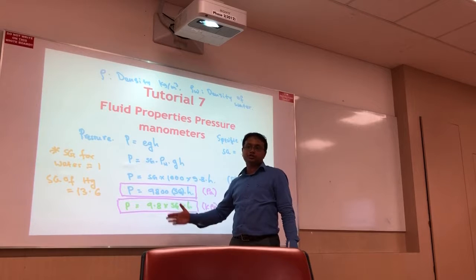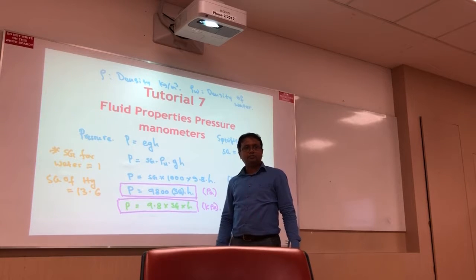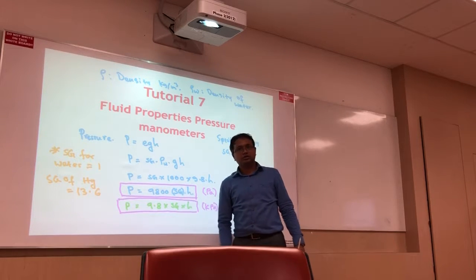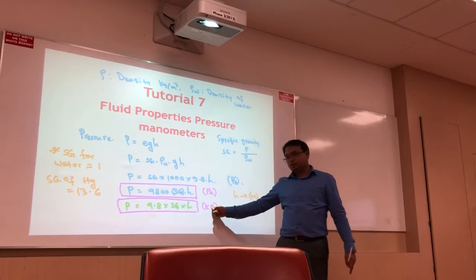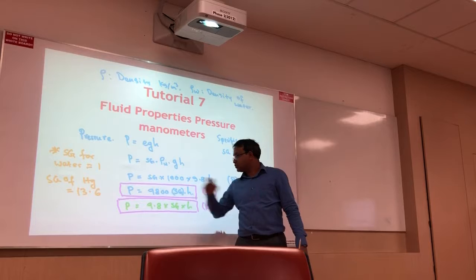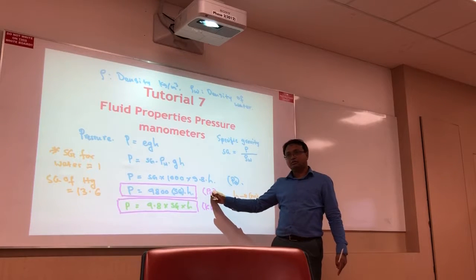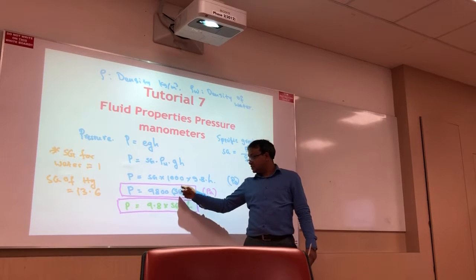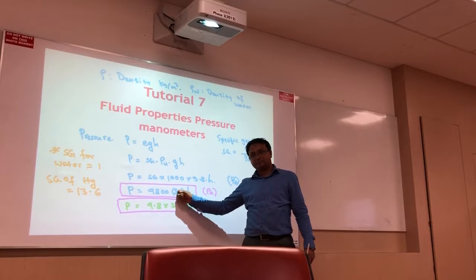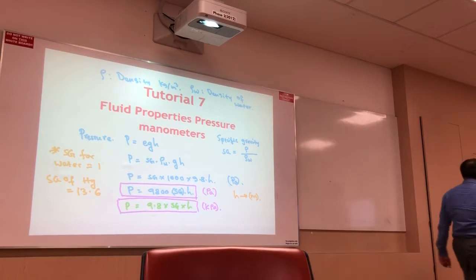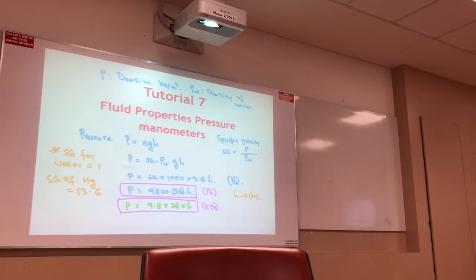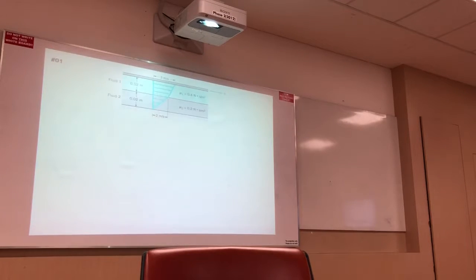I am using this equation directly. I am not writing P1, P2, no need. If you write 9.8, unit is kilopascal. If you write 9800, unit is Pascal. Remember, in that case, specific gravity must be given. Alright? So now I am going to question 1.